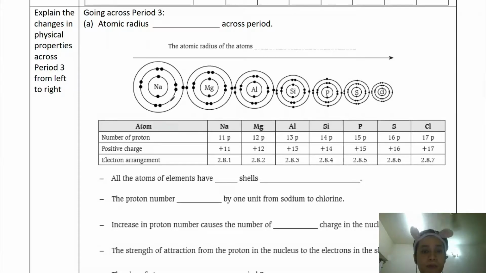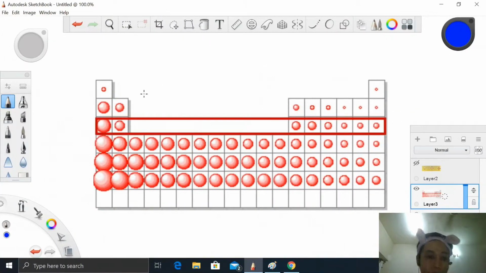As you can see here, in terms of size across periods, when you go from left to right, or from sodium to chlorine, you will notice that your atomic size is actually decreasing. I'm going to use this to roughly explain. If this is your periodic table, as you go down the group, size is actually increasing.